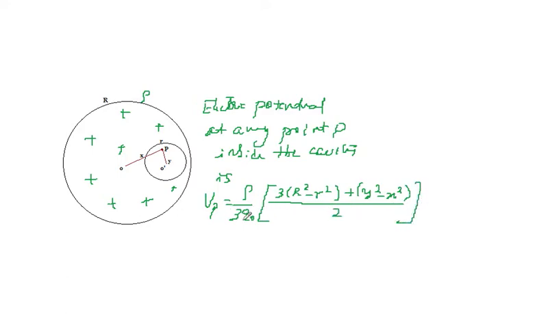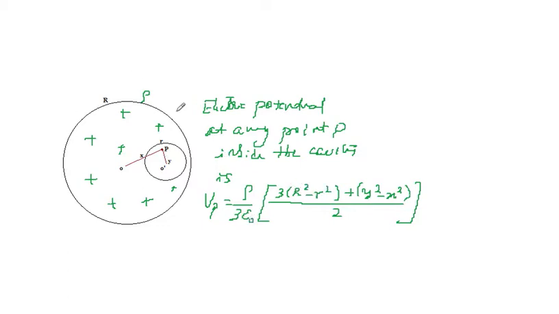Okay, so now in this equation we know everything. This 3 epsilon O should come in the denominator, right, so this is 2 epsilon O, and 3 R square minus r square.